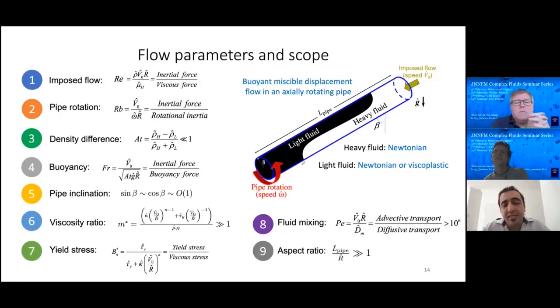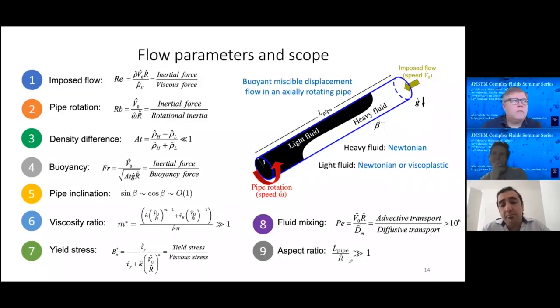Even with this simplification, a dimensional analysis will reveal that there are many parameters, up to 9 or 10 parameters that govern the fluid dynamics. So these include the Reynolds number, the Rossby number, Atwood number, Froude number, inclination angle, viscosity ratio, Bingham number, Péclet number, and the aspect ratio.